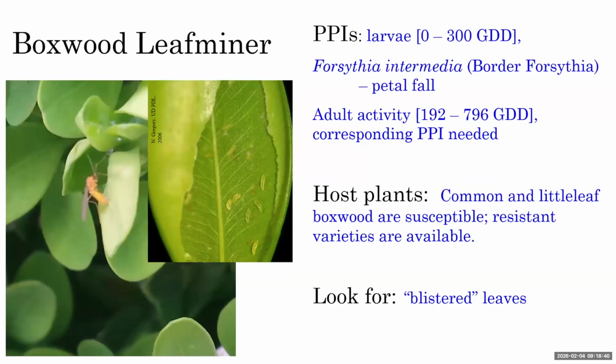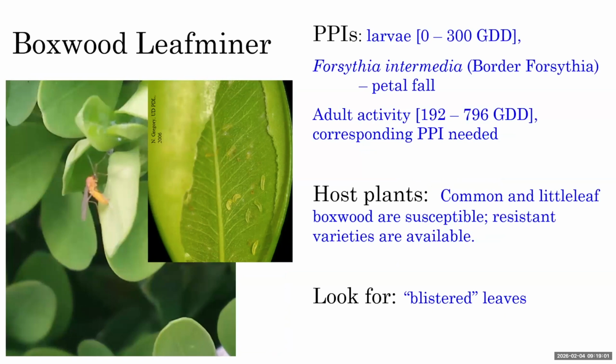Boxwood leaf miner. It is also a really early insect pest on boxwoods. Typically, we start noticing the blisters turning that brownish color, and the leaves getting really yellow around mid-April or so.